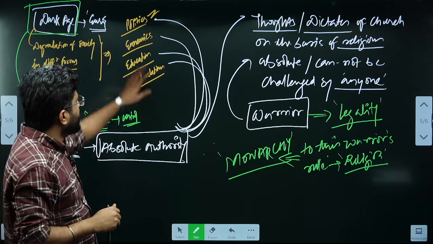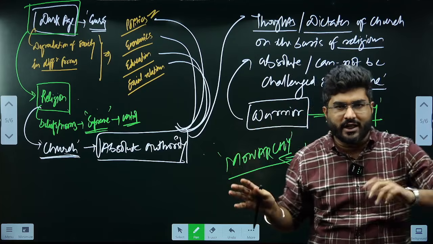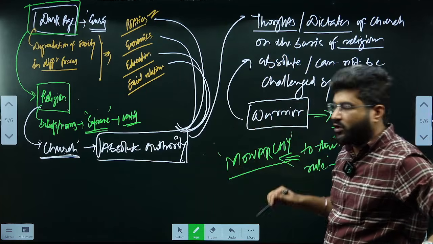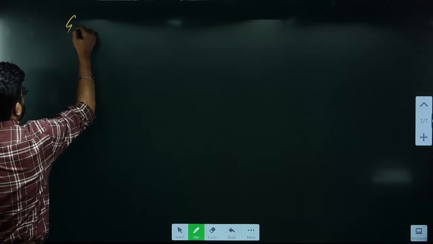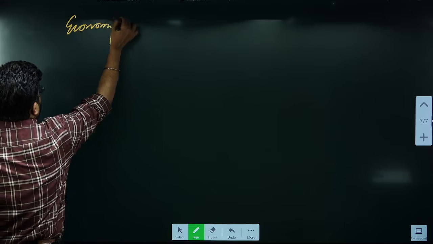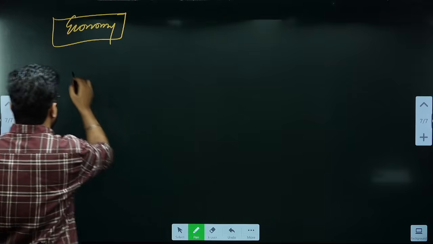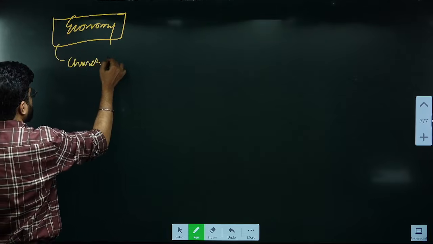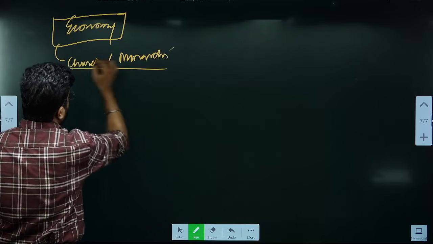Okay, then economics. Whatever economy we have been seeing at that particular point of time was also controlled by the church. Whatever economy you see during the dark ages was controlled by the church as well as the monarchs. On the basis of what?